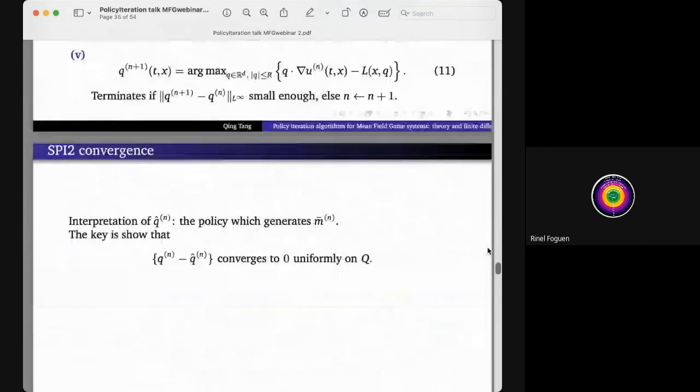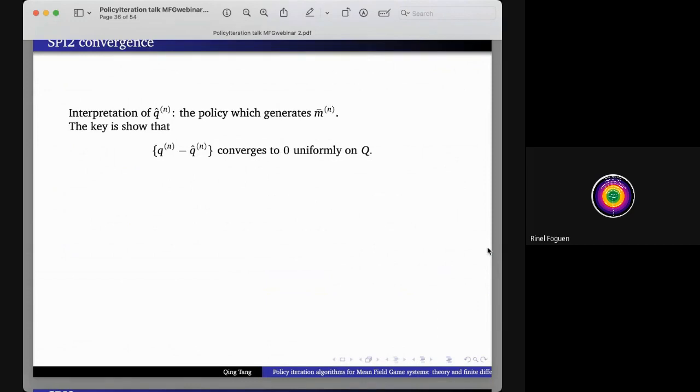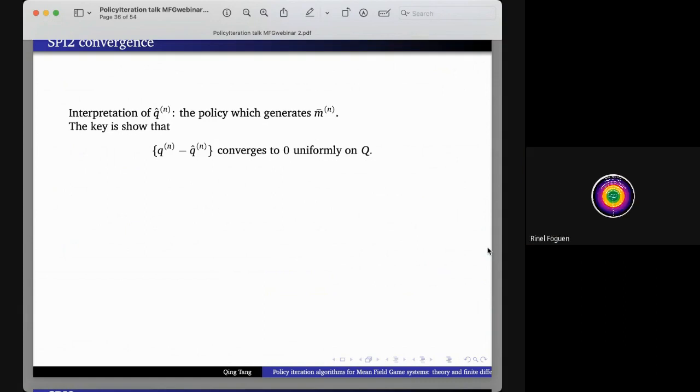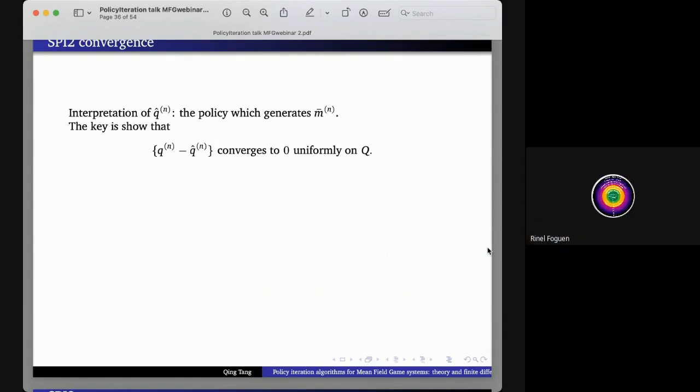Have you tried to do this analysis by simulating only through time, taking X of T instead of X on a grid? I think you are referring to some stochastic method or some sampling. But here it's just PDE. The policy is just a bounded vector field. Yes, but you also have the SDE, right?